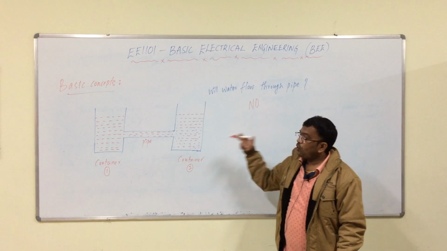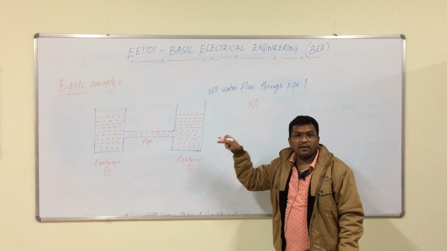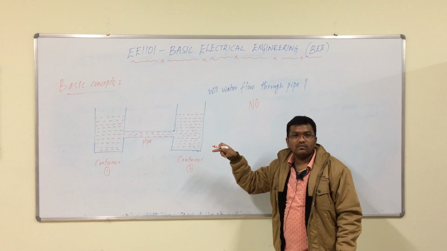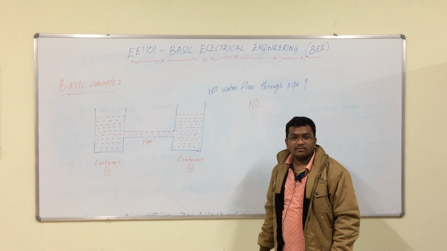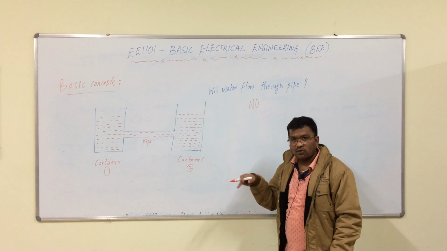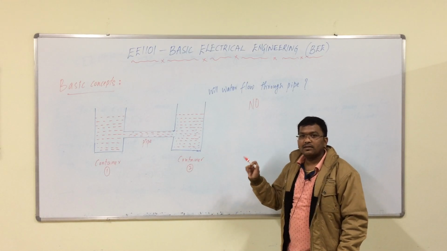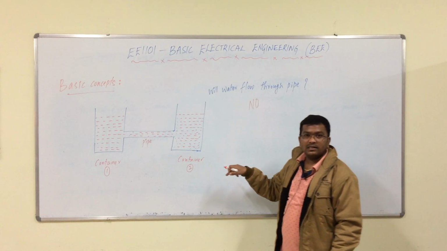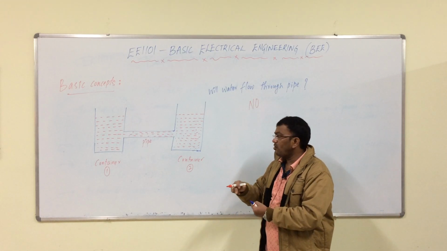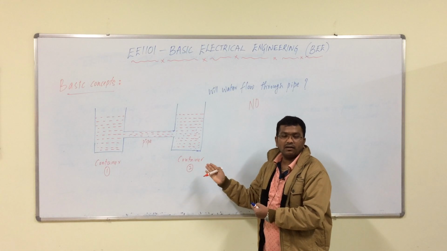Then how can we make the water flow through that pipe from any one of the containers? Simple. Among these two containers, we increase the height of any one of the containers.